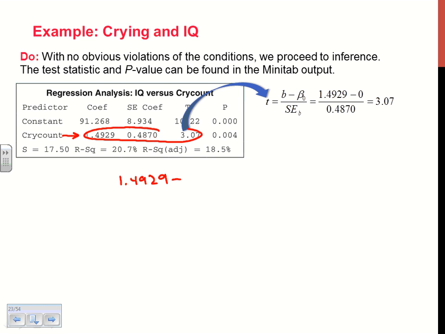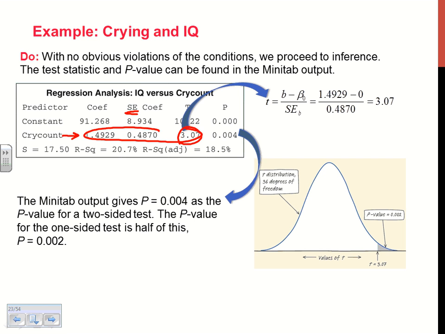We said that our null hypothesis was that beta is 0, and we're going to divide by the standard error, 0.4870. And here we can see our t, which they gave us, was 3.07. So like I said, that's almost always going to be given to you. I can't remember when it wasn't in the question.